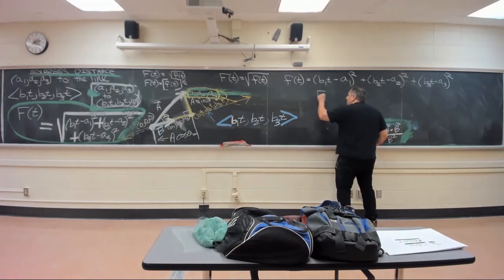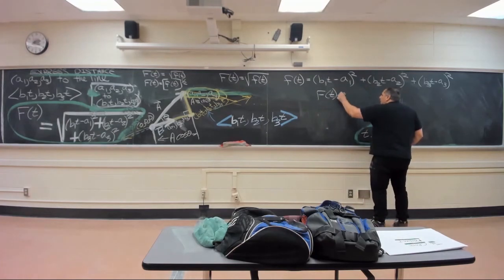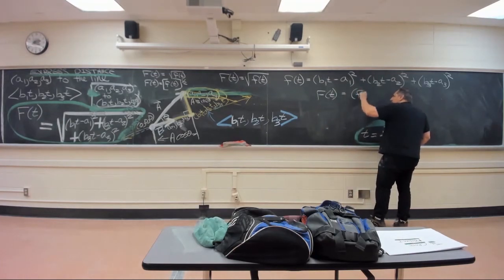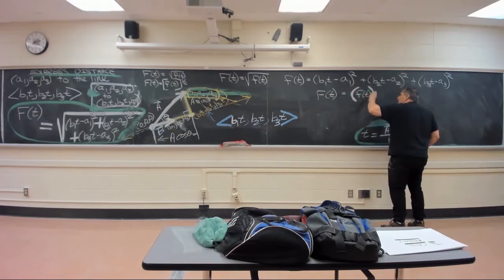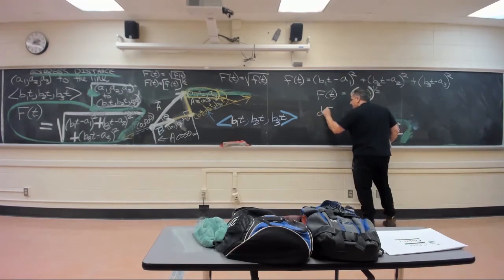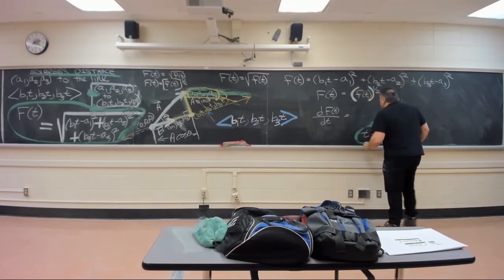I guess the symbolism makes it a little easier anyway. If you've got small f of t, the whole thing to the 1/2, if you go dF of t dt, do the chain rule.